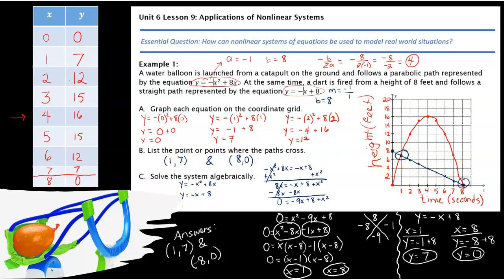So therefore, our answer, when are the dart as well as the water balloon at the same levels? After 1 second, they're both at 7 feet in the air. And after 8 seconds, they're both on the ground again at 0 feet in the air. So the answers are 1, 7 and 8, 0.